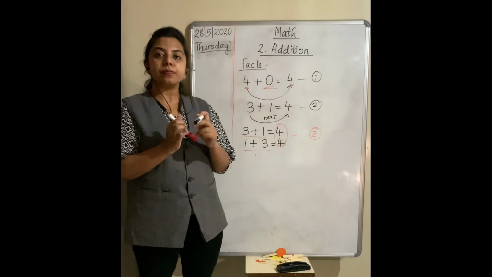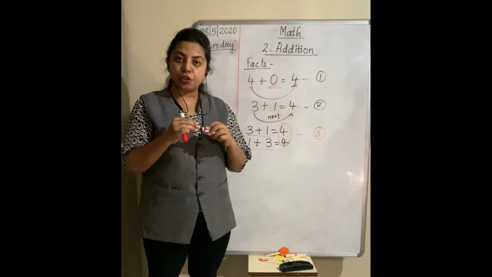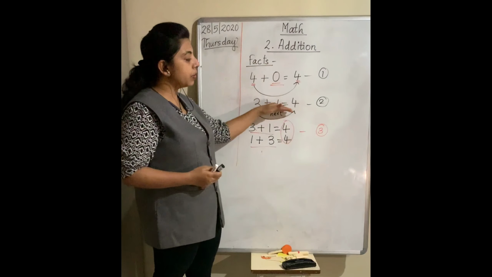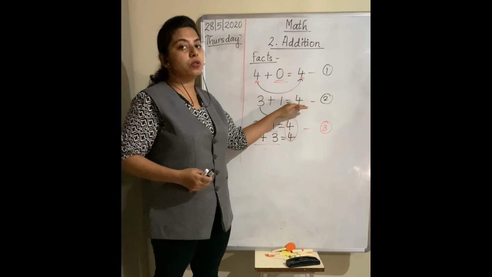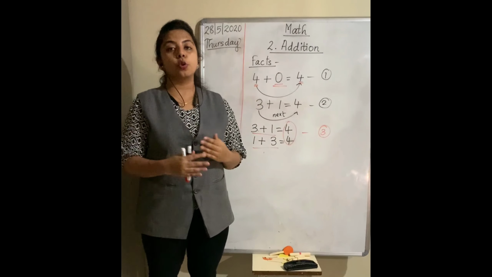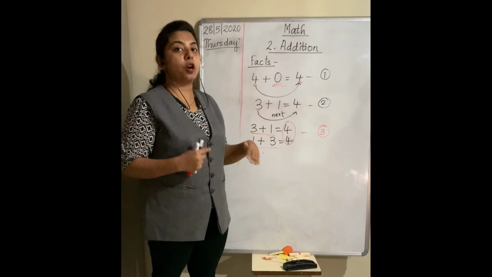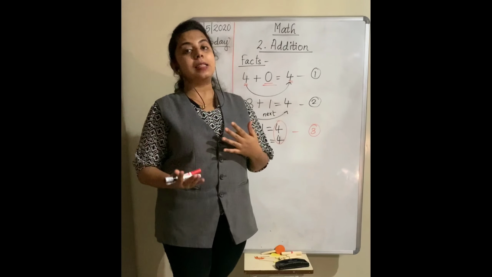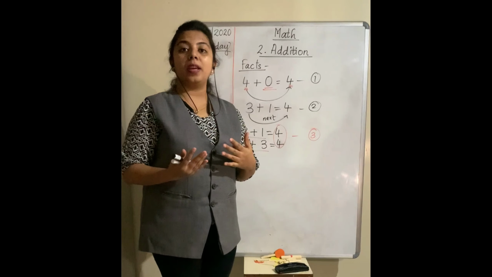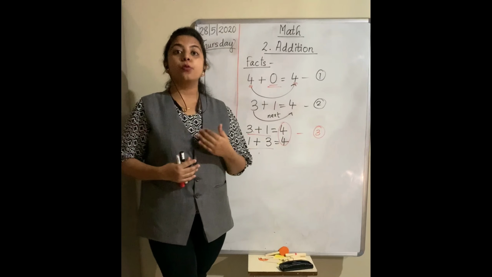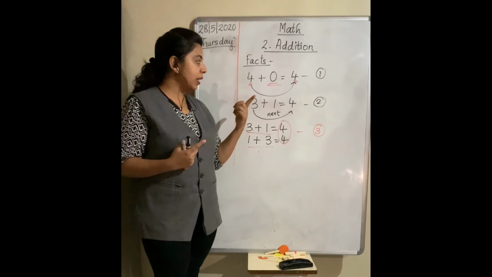So children, whenever doing addition, you are going to remember these 3 tricks, or these 3 addition facts. These 3 facts are going to make our work easier, and make solving sums much easier. So let's revise it once again.